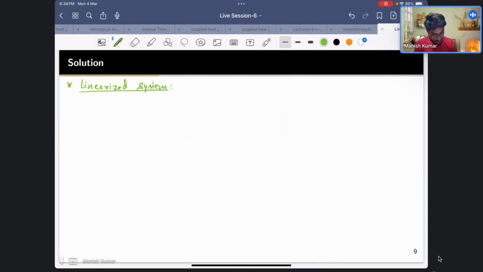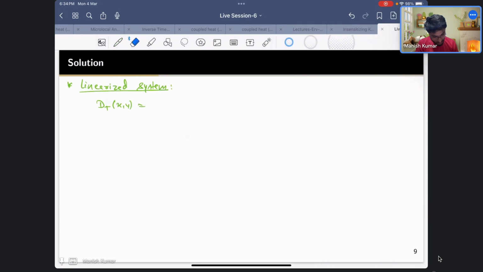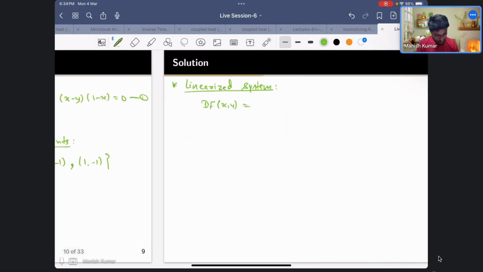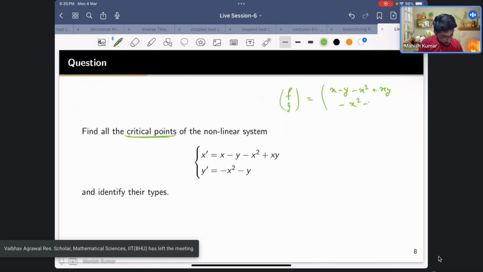For linearization let us look at the Jacobian matrix, Df(x, y). So what was my f and g? You have x minus y minus x square plus xy, and minus x square minus y, right?